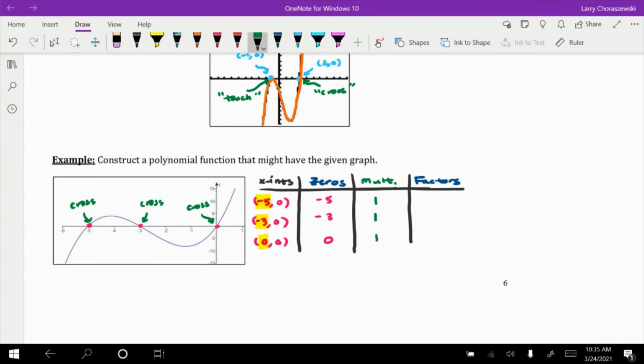And what we'll do to build the factors, keep in mind it's always x minus the 0, so x minus -5. And I'm going to put the multiplicity as the power on this factor. And then cleaning that all up, this results in the factor x plus 5.